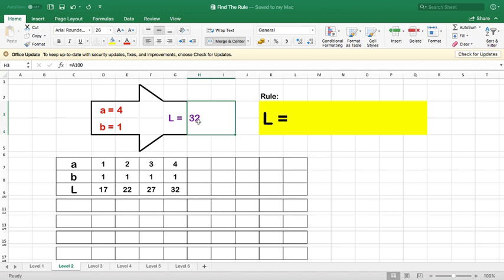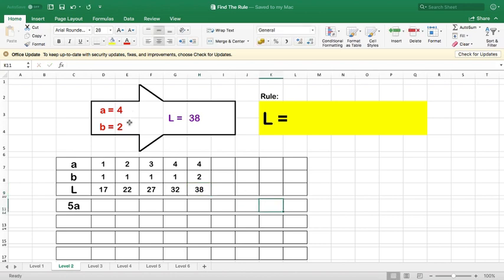So if making A go up by 1 makes L go up by 5, that gives us a little bit of a clue that the rule might involve something with 5 times A. Let's see what happens when we change B. So when A equals 4 and B equals 2, L is 38.